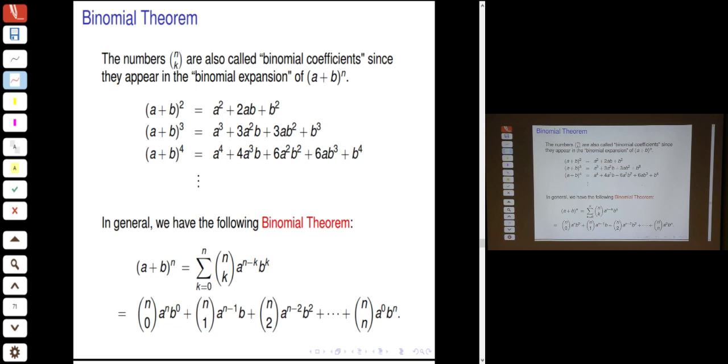But the left-hand side becomes 2 to the n, because this is 1 plus 1 to the n, right? So inside the binomial theorem, if you plug in a equal b equal 1, you get 2 to the n equal to the sum of these binomial coefficients.